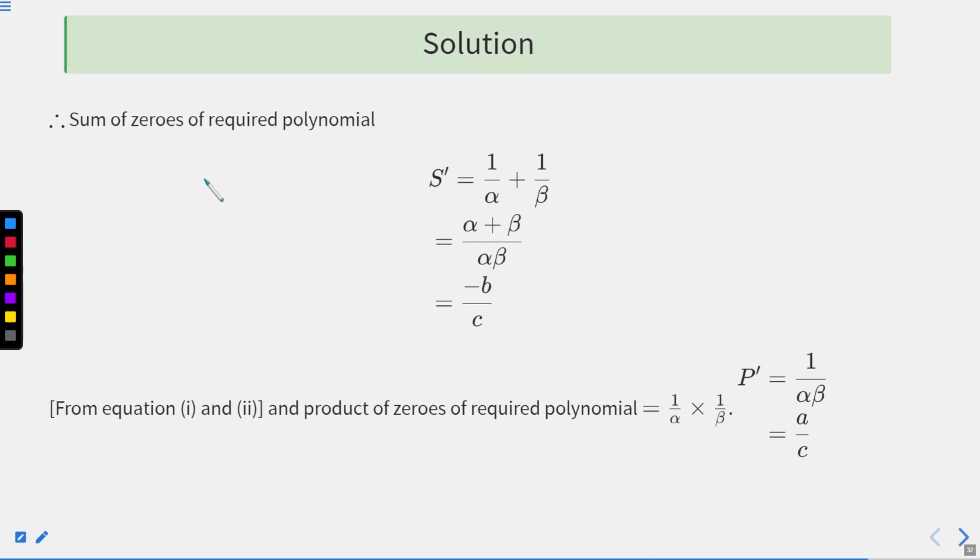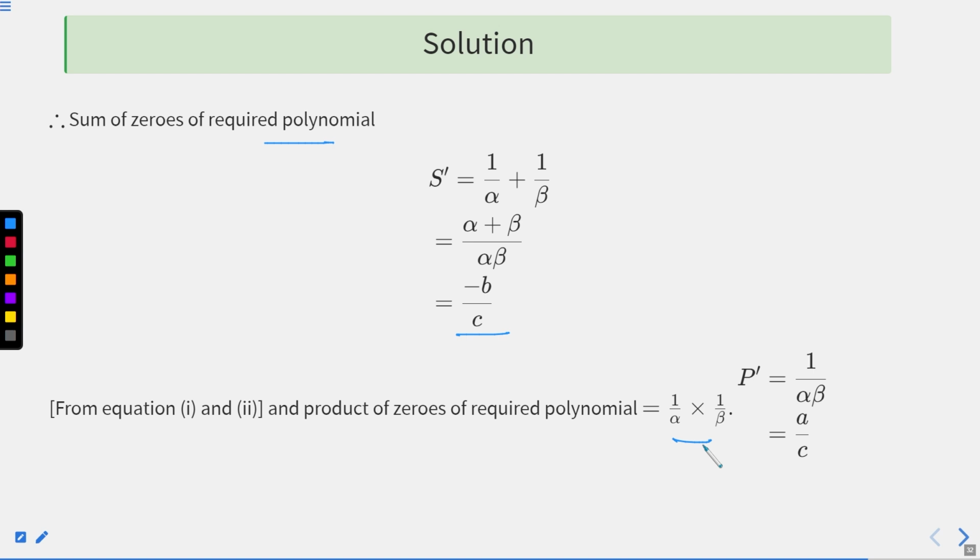The sum of zeros of the required polynomial is 1 by alpha plus 1 by beta, which is equal to alpha plus beta divided by alpha times beta. The product of its zeros, 1 by alpha into 1 by beta, is equal to 1 by alpha beta.